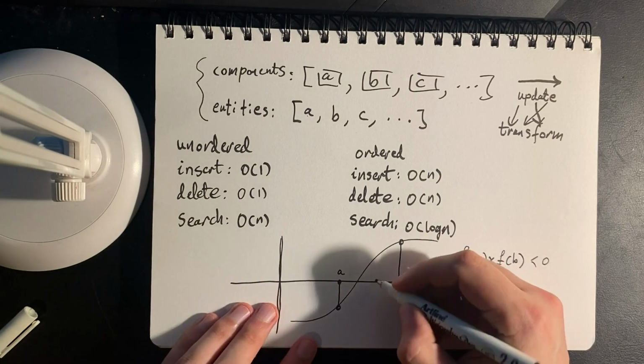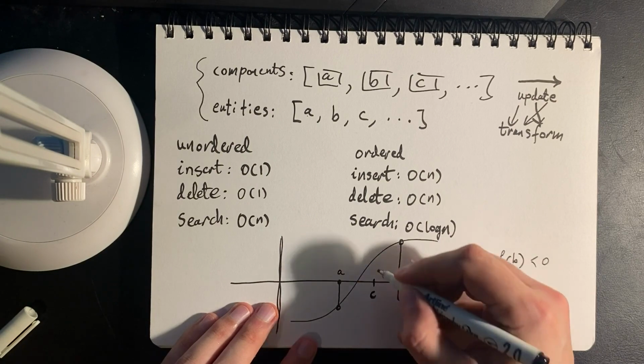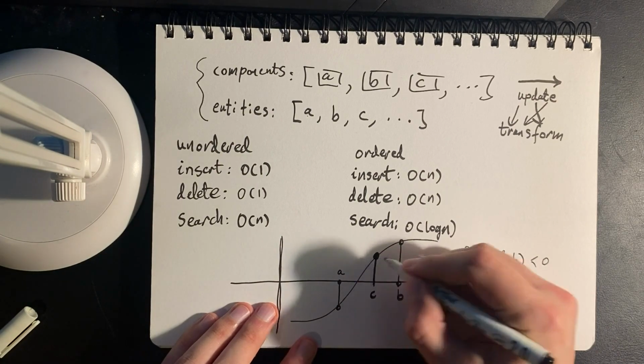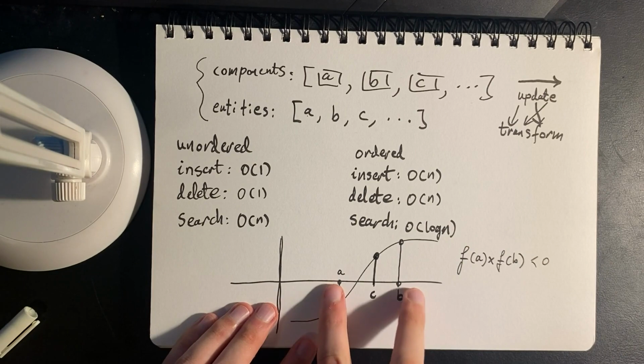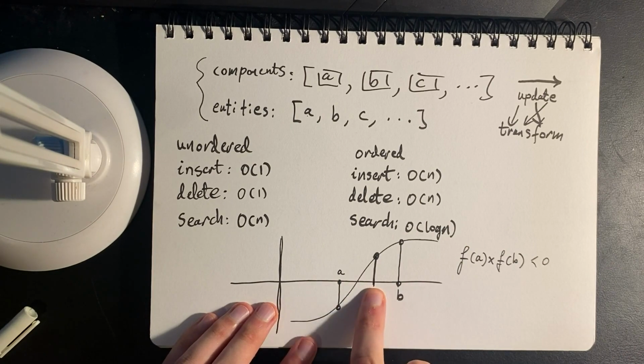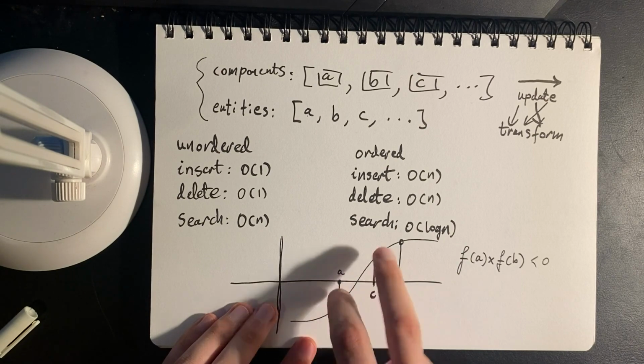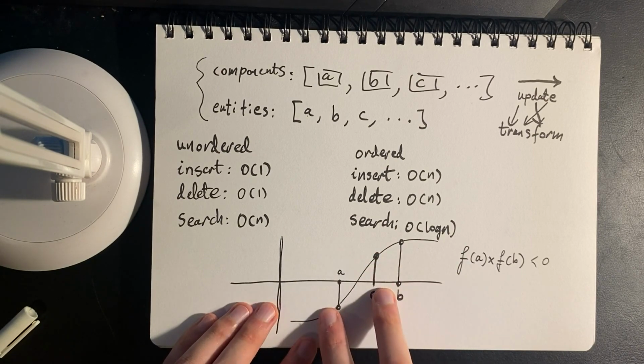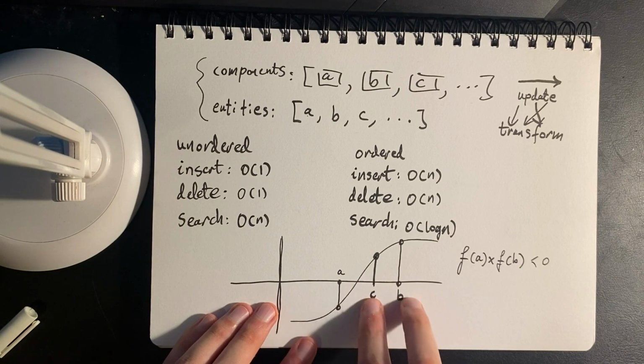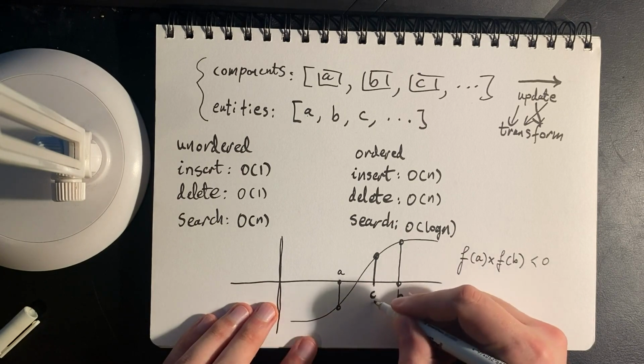There could be more than one. I don't know why I'm talking about mathematical binary search when I just need to do an algorithm. But anyway, the next thing we do is we guess midway between the 2. And then we evaluate: is the product of the values on this interval less than 0? In this case it is. And that tells me that I can move this B up to my C position.